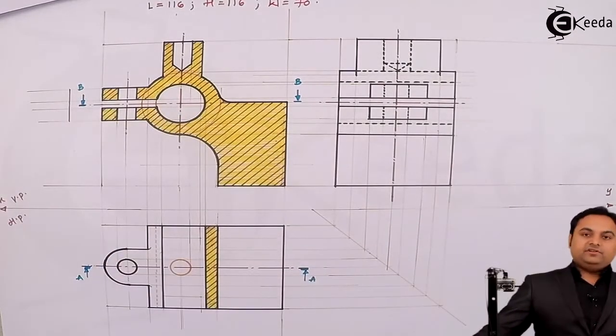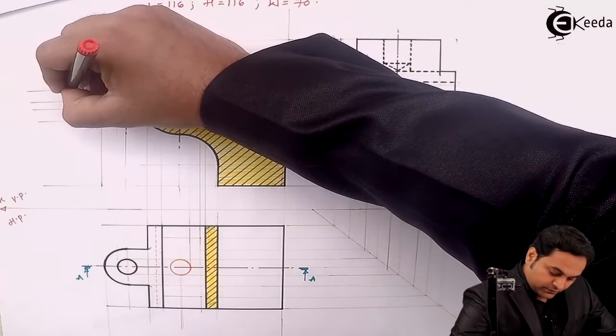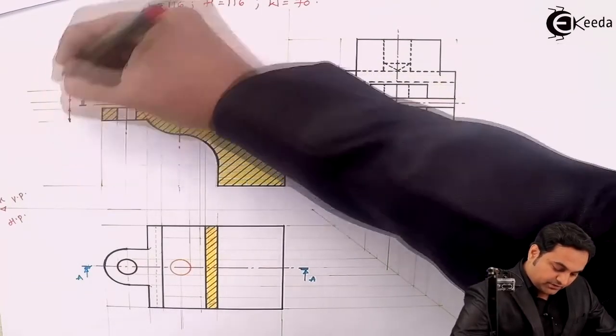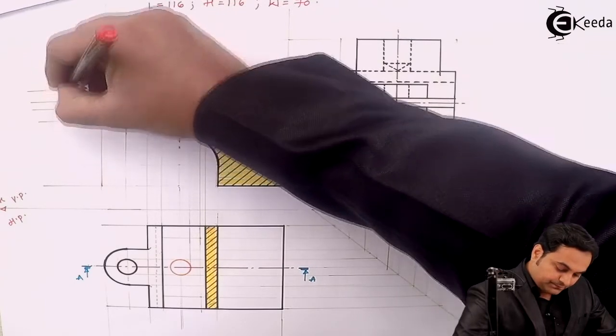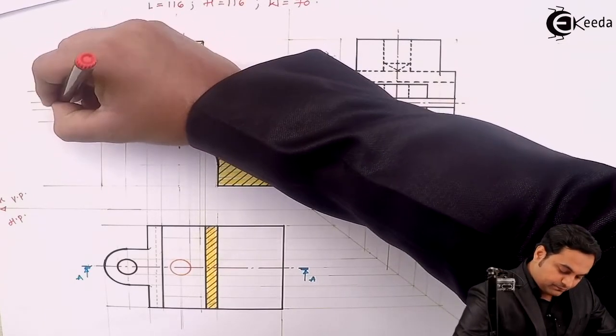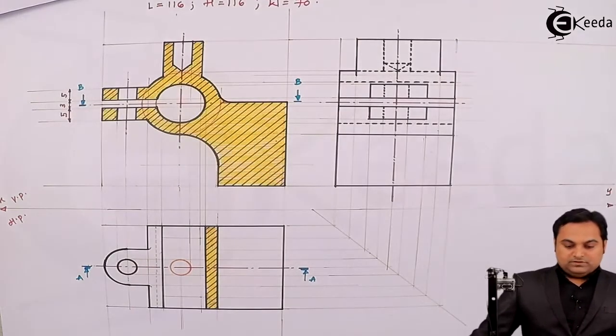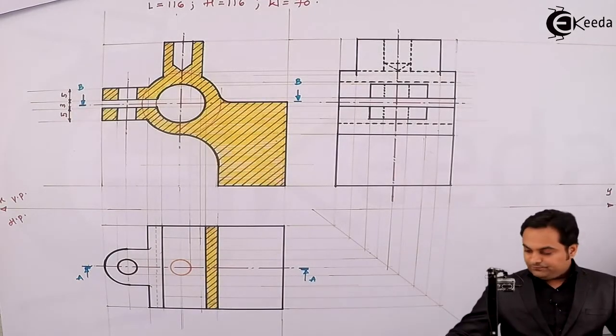So when I'm giving the dimensions, I'll give the original dimensions here, although I've drawn it with double the scale. These are the plates.